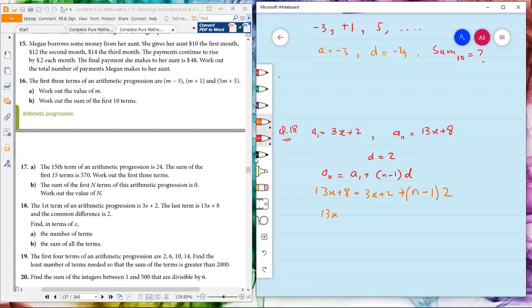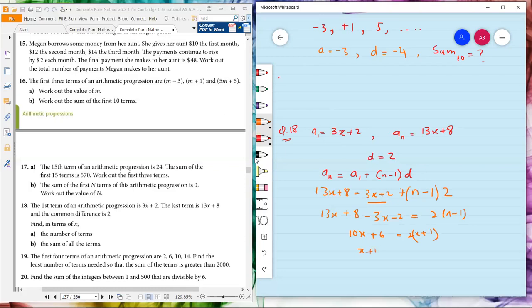So 3x plus 2 plus 2n minus 2. Shift this to the other side: minus 3x minus 2, so 10x plus 6 equals 2 into (n minus 1).